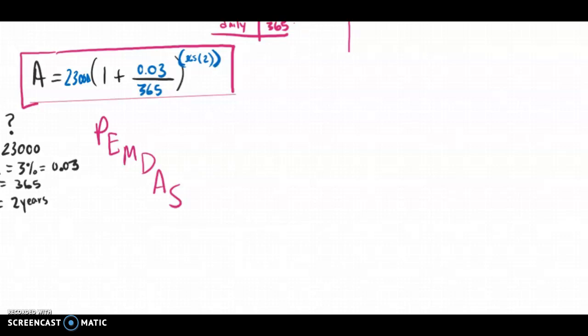So you would work inside this parenthesis, doing this division first, adding 1, then taking whatever this number is and raising it to the result of the multiplication here. After you get that, then you multiply it by the 23,000.